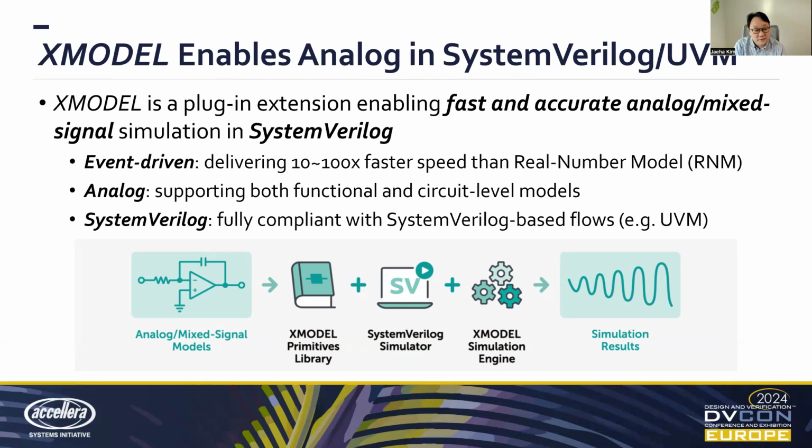And it's easy. It has a very powerful capability of modeling both functional and circuit level models of analog circuits. Yet, all the models you can describe are fully compatible with SystemVerilog. It's still 100% pure SystemVerilog, so your model can work in a flow which is fully compliant with the SystemVerilog flow, such as UVM. So it meets our goal.